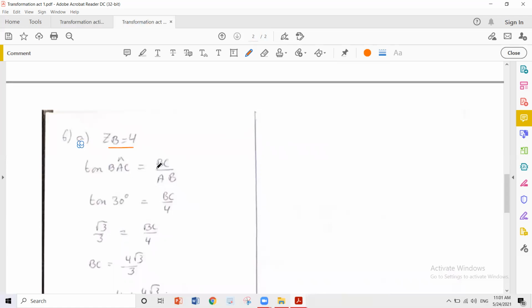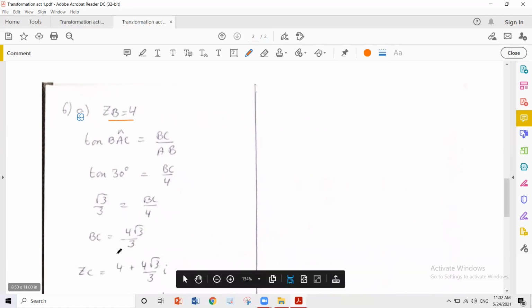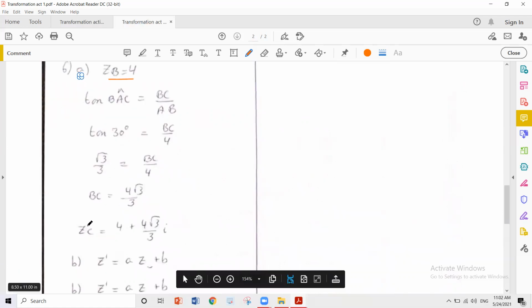Tangent BAC equals BC over AB. Tangent 30 equals BC over 4. Tangent 30 is radical 3 over 3, equal to BC over 4. So BC equals 4 radical 3. Then ZC equals 4 plus 4 radical 3 i.